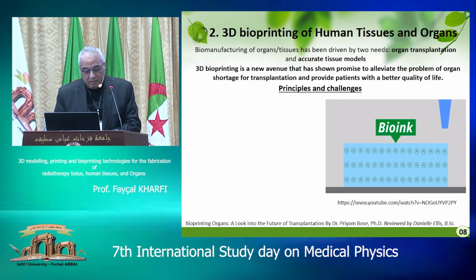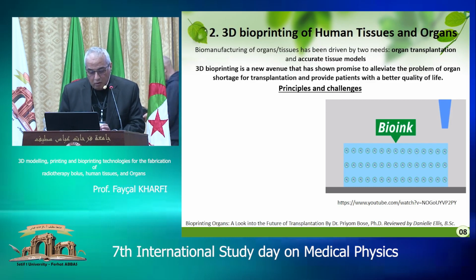The third one is about vascularization, because we can 3D print a heart, but we still have the problem of vascularization. And the last one is the complex functionality of the printed tissue and organ. So these things are still under study.